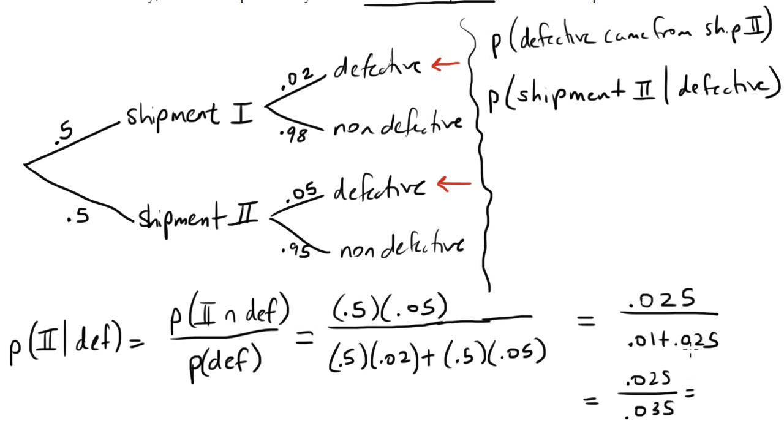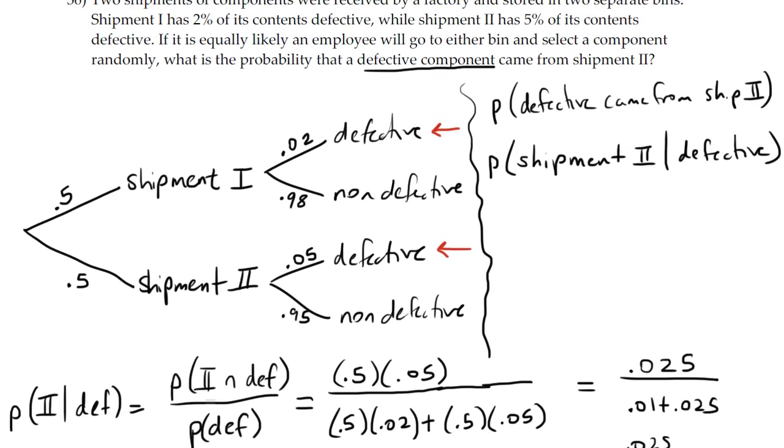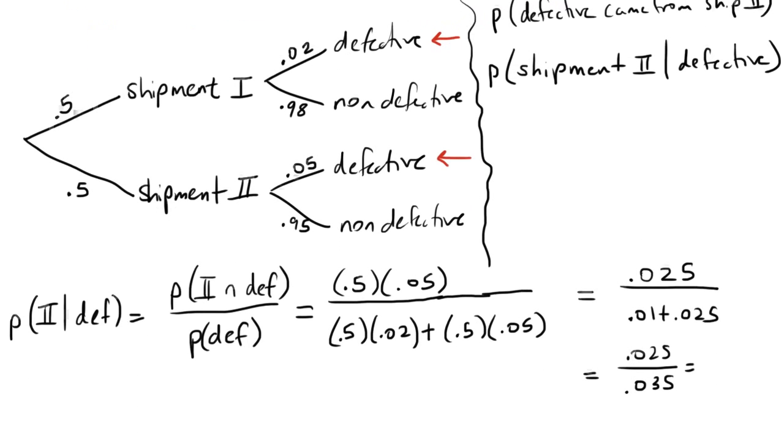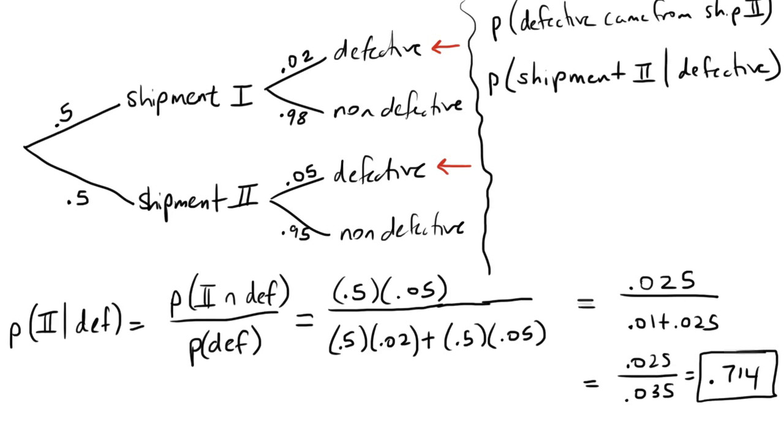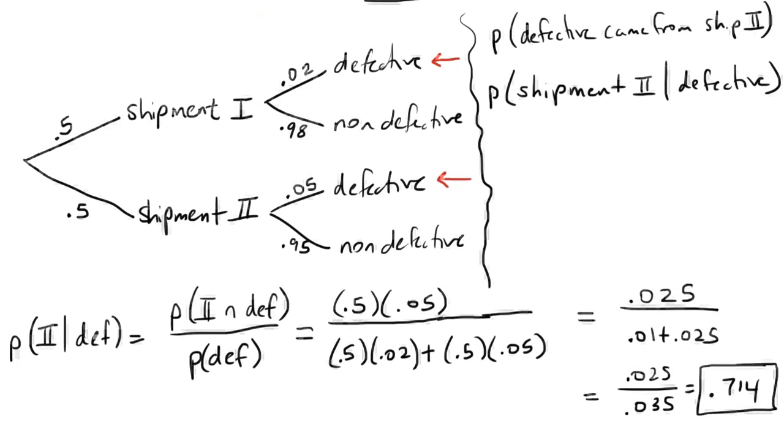I think this is 0.714, is it? Let's divide it and see. Yes. It doesn't say how many decimal places, so let's use 3 decimal places. 0.714. That's the probability that a defective component came from shipment 2.